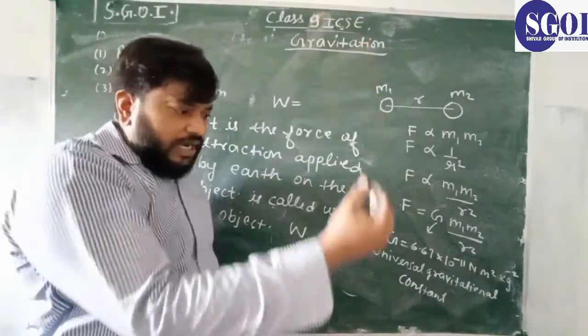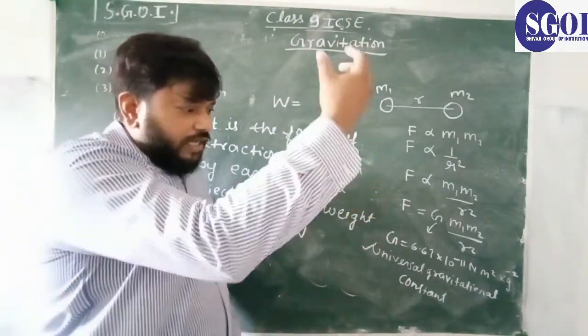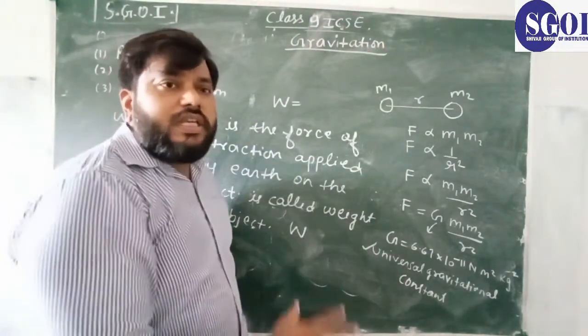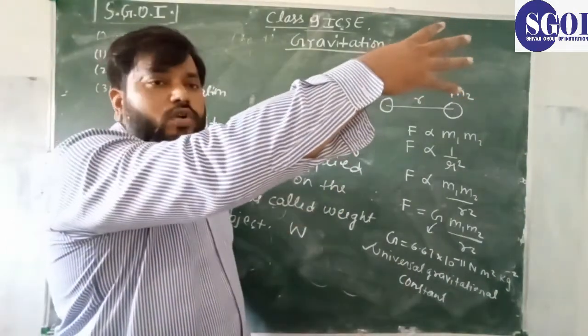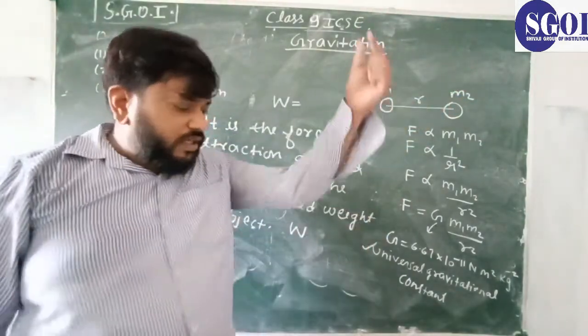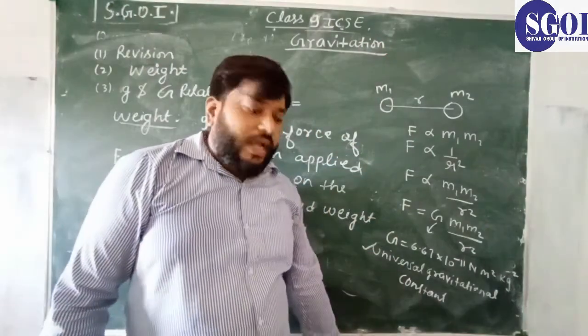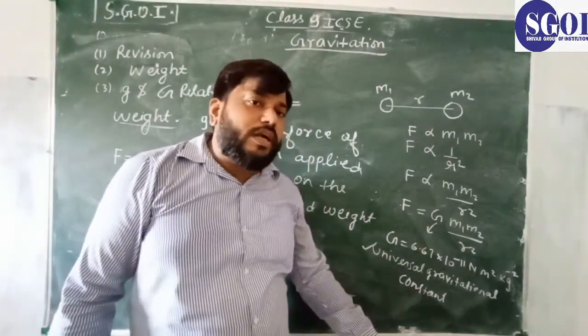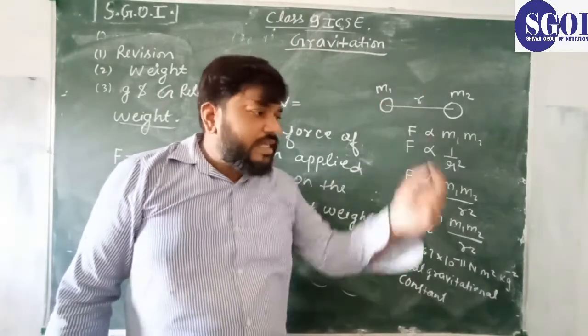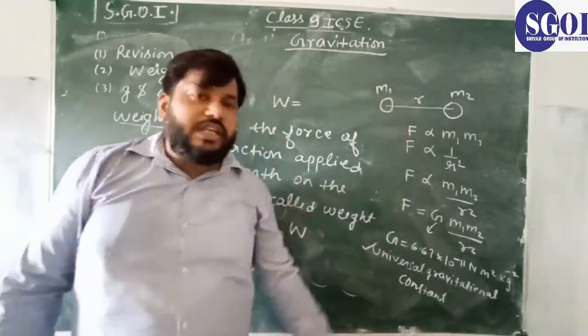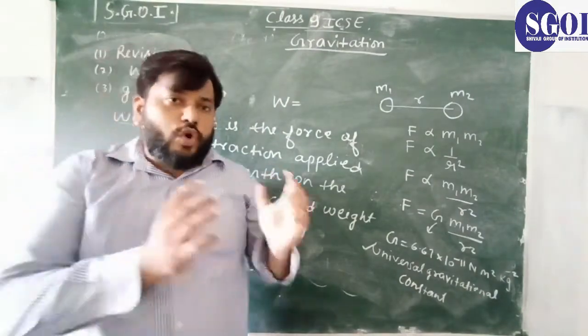So it starts accelerating, its velocity continuously increasing. As I take my hand off the chalk, its velocity starts increasing and it goes down, and when it touches the ground, at that point the velocity would be maximum. It means there is an acceleration, but this acceleration is produced by a force.